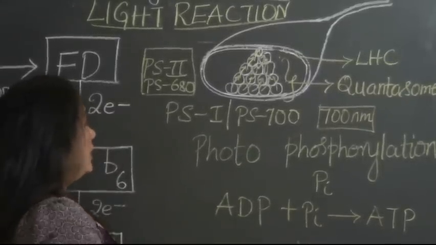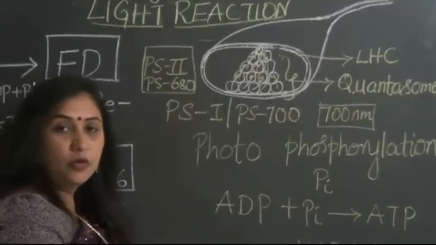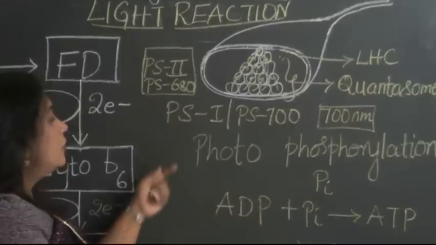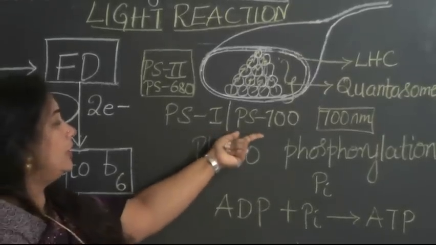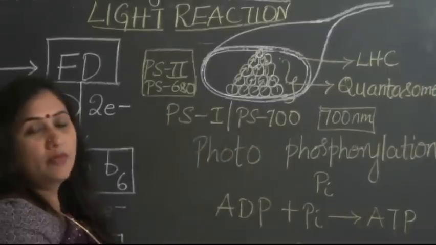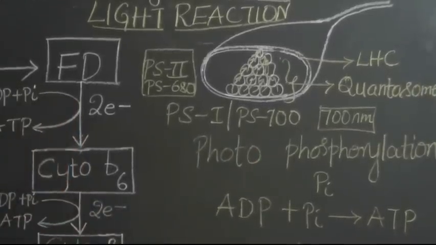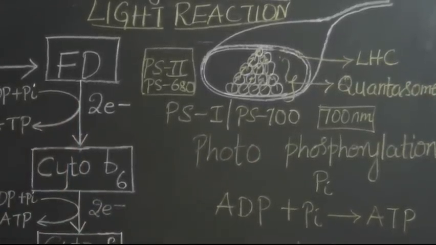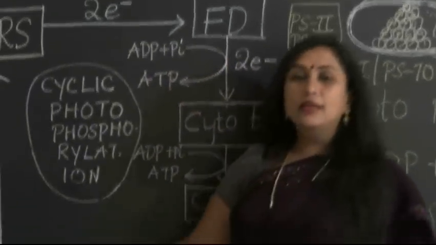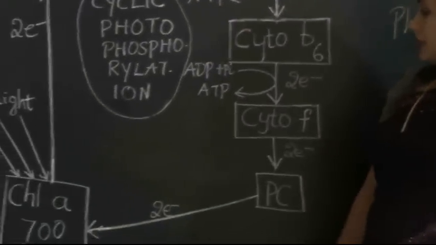While writing about cyclic photophosphorylation, one should bear in mind that it happens in photosystem 1, or photosystem 700, and is written in the form of a cycle. So let us take a look at the cycle and understand the changes.